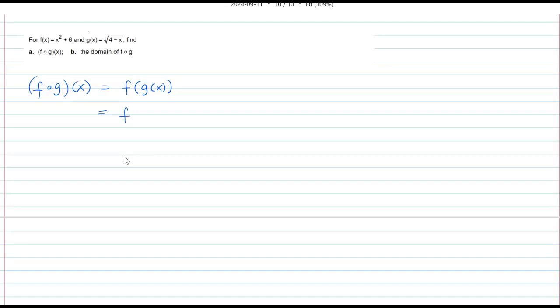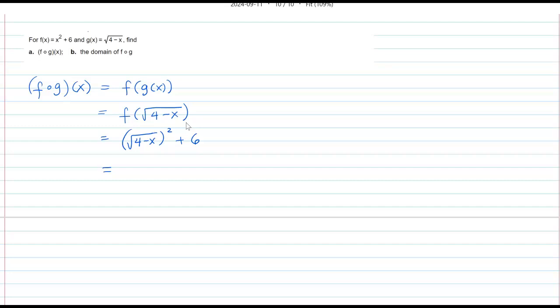So we have f of the square root of 4 minus x. That means you replace the x here by the square root of 4 minus x. So we have the square root of 4 minus x, quantity squared, plus 6.